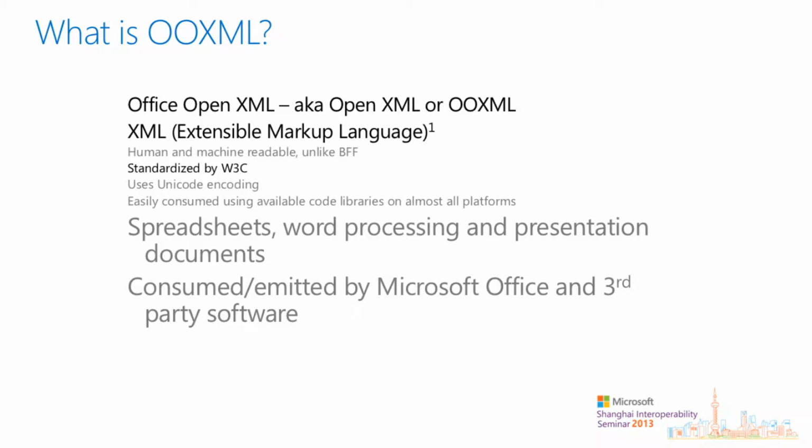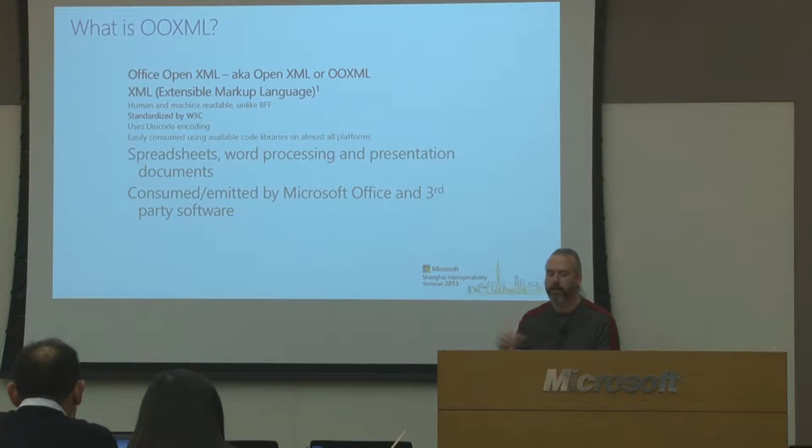And this differs from binary file formats significantly in that, although it may not be as compact, just as XML itself may not be as compact or concise, it's both human and machine readable. So that's a significant difference. And it's easily consumed by many different applications and services, with code libraries on different platforms that are readily available.